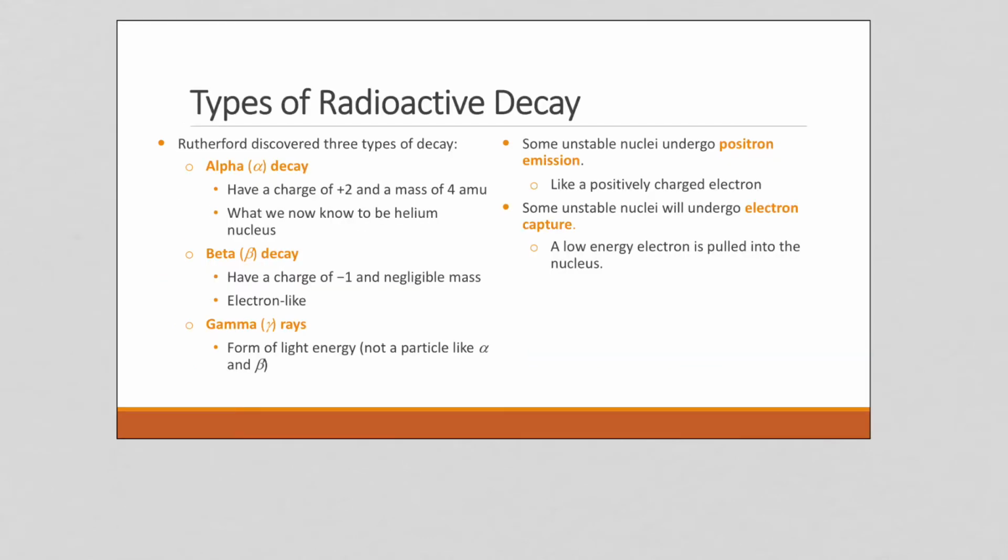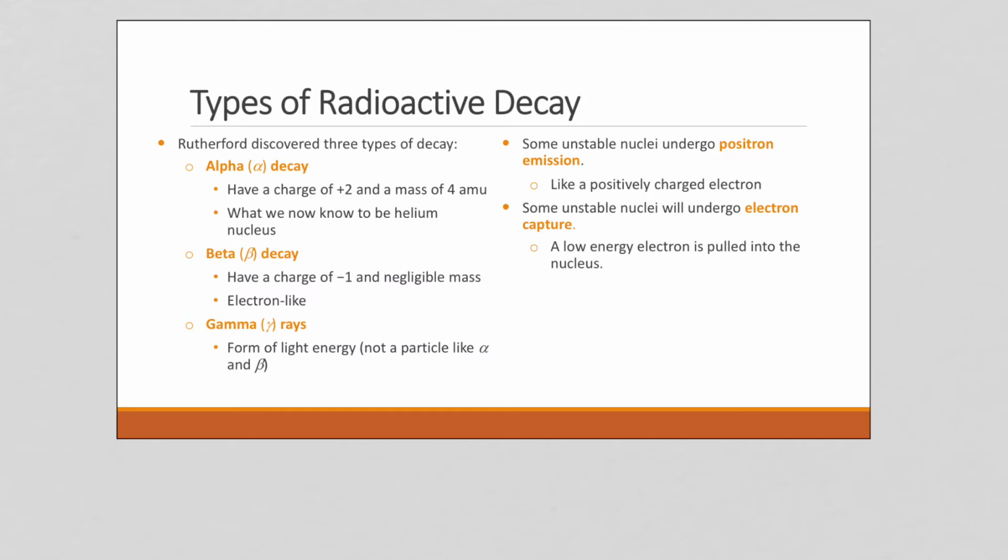Now, the next thing that I want to go into is what exactly are these particles or high-energy electromagnetic radiation? How do we describe them? What types of particles are being emitted?